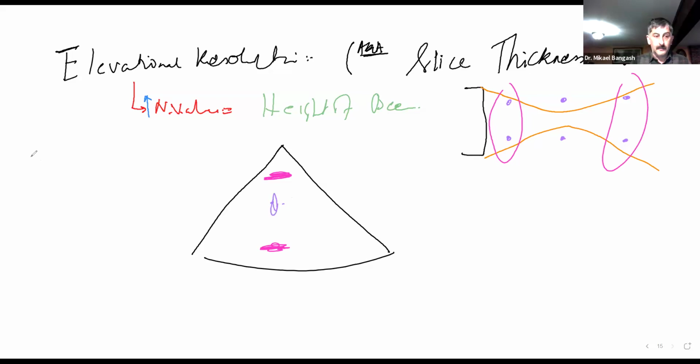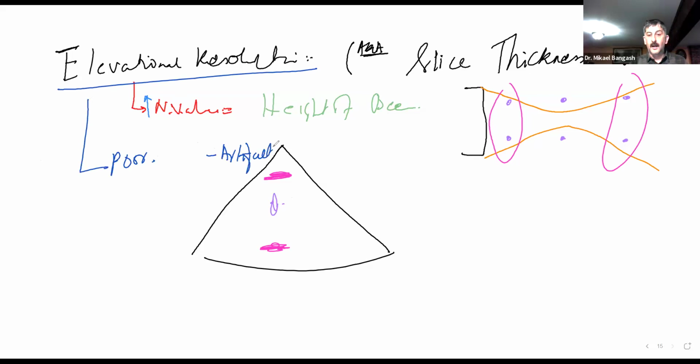Now the main thing that you guys need to remember is that a poor elevation resolution will lead to an artifact.